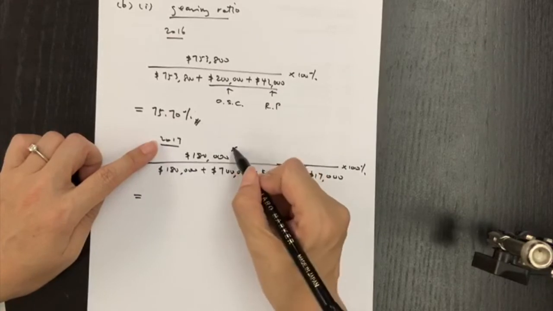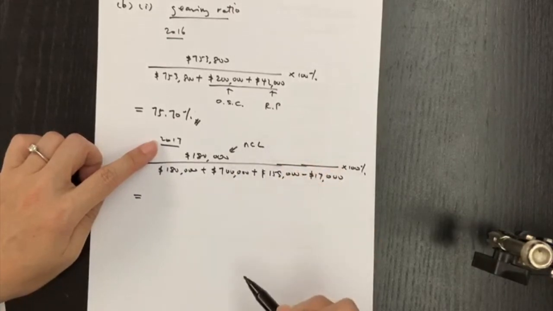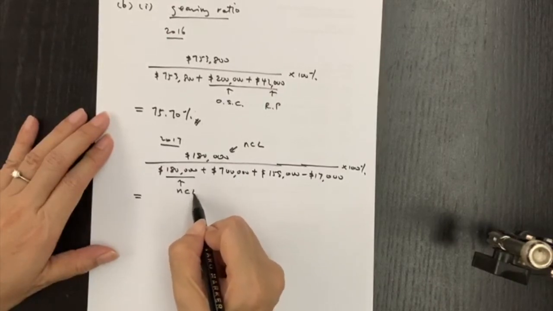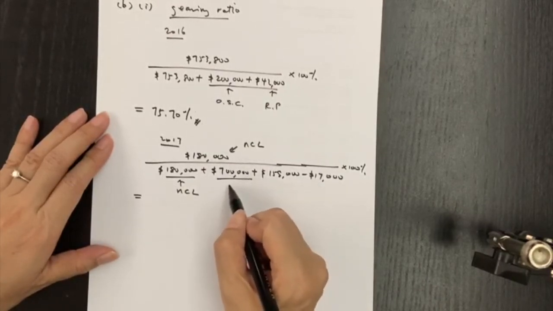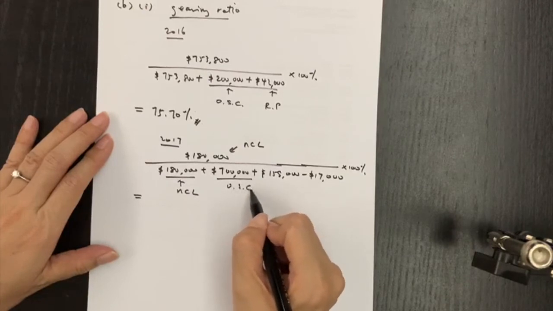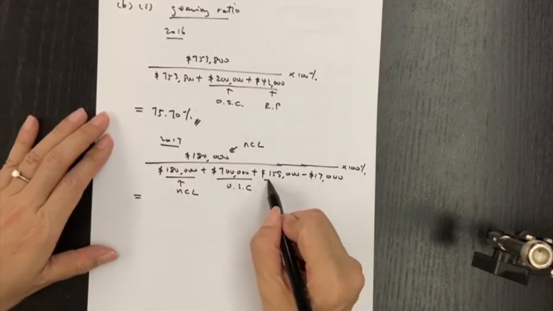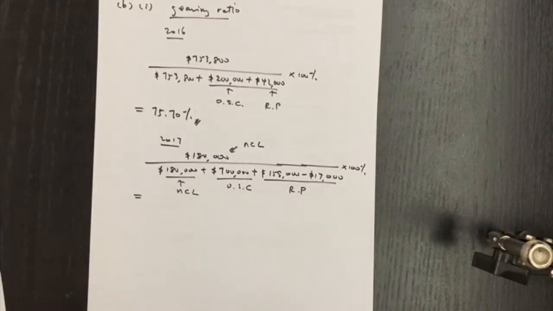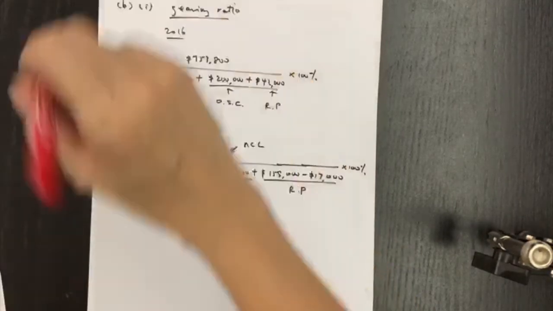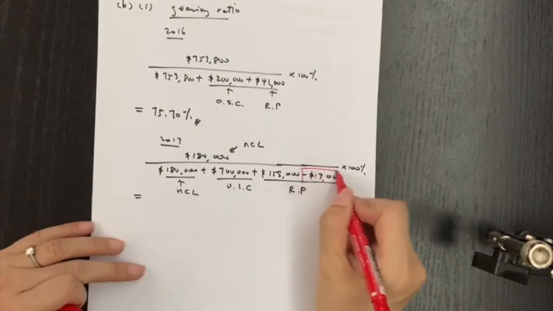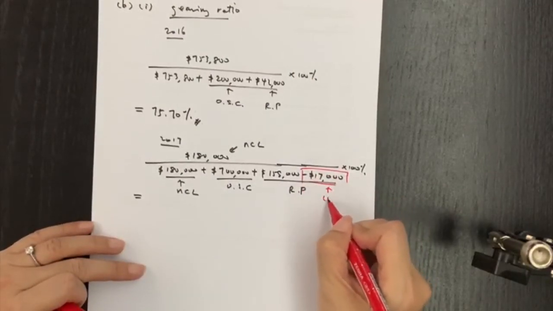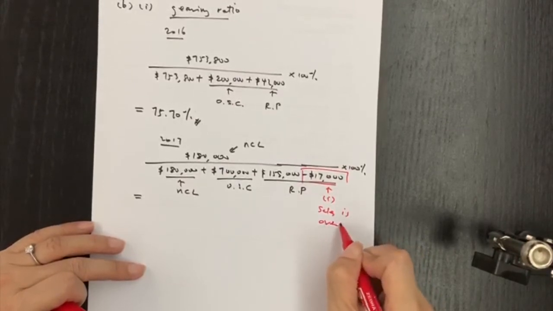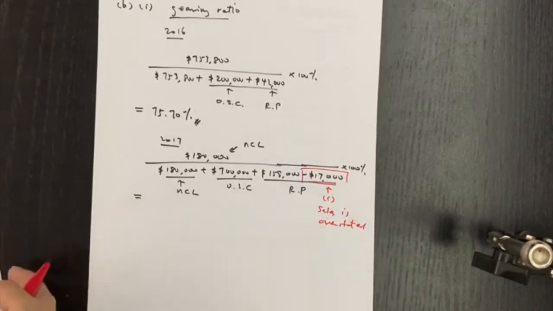Okay, now we come to 2017. So this is the non-current liability in 2017, and then you repeat this non-current liability, and this is ordinary share capital, and this whole thing is retained profits. Don't forget, we have adjustments related to point number 1, saying that sales is overstated.